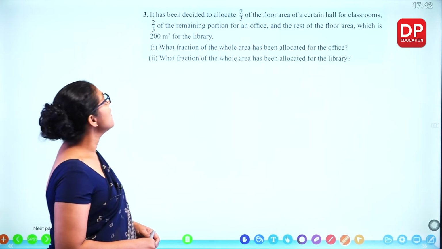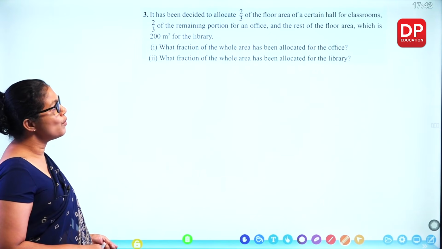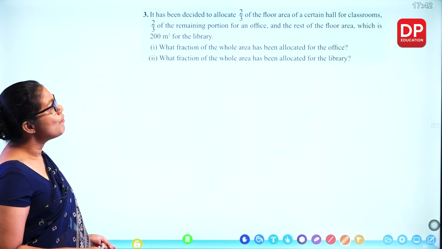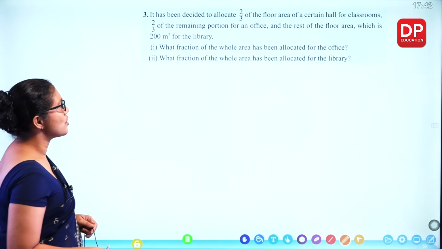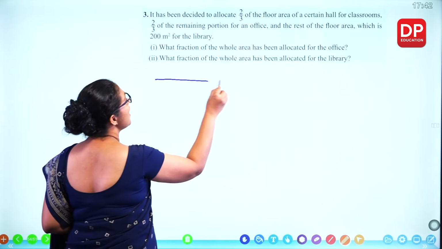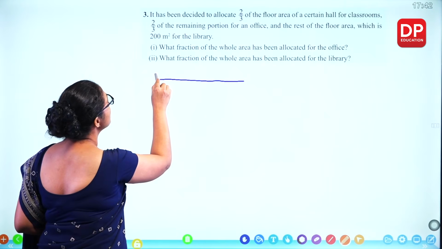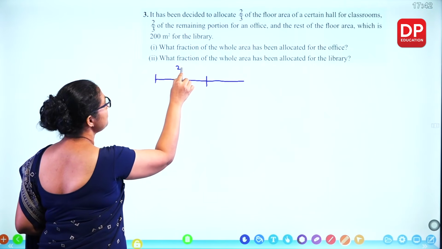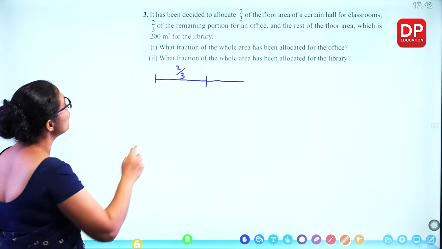Now we'll take the next question. Question number 3. It has been decided to allocate 2/3 of the floor area of a certain hall for classrooms, and 2/3 of the remaining portion for an office. So here we'll try to draw a diagram. If you take the whole part as this one, 2/3 of that of the floor area of a certain hall is for classrooms.